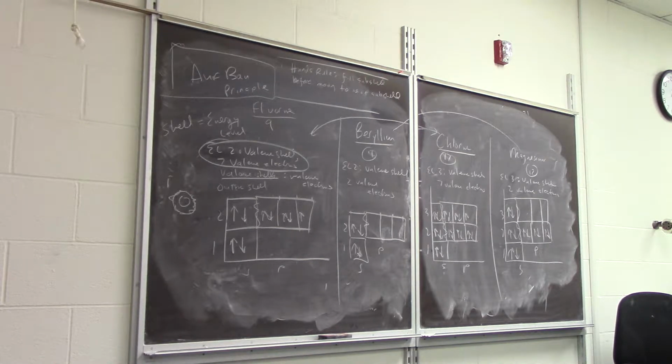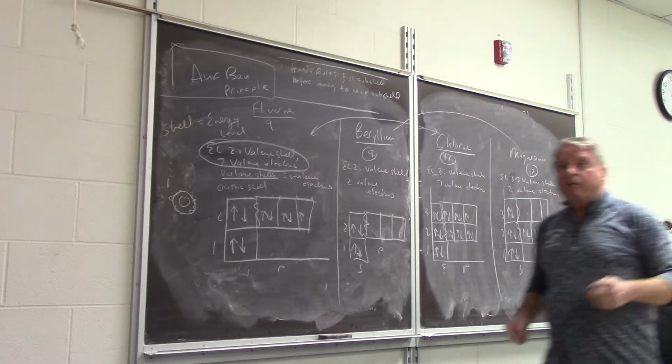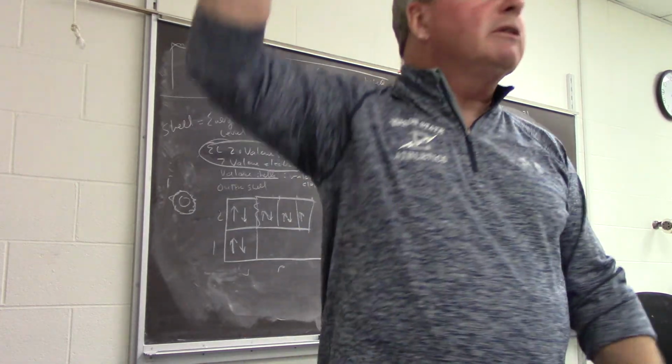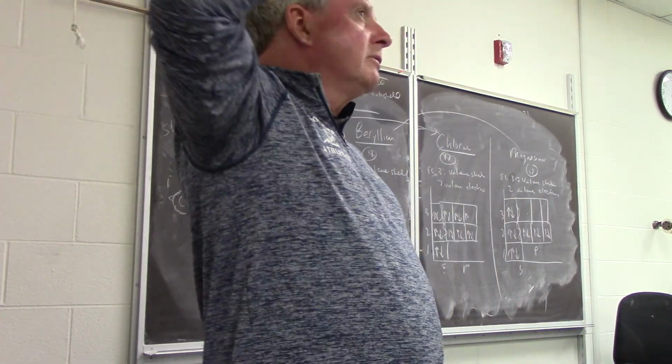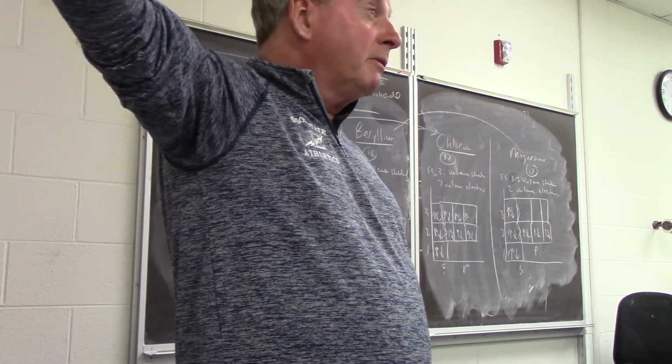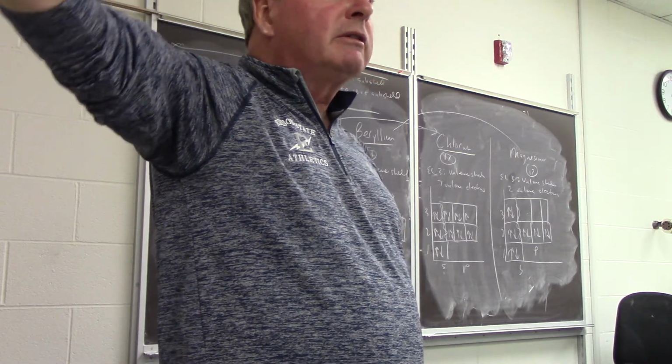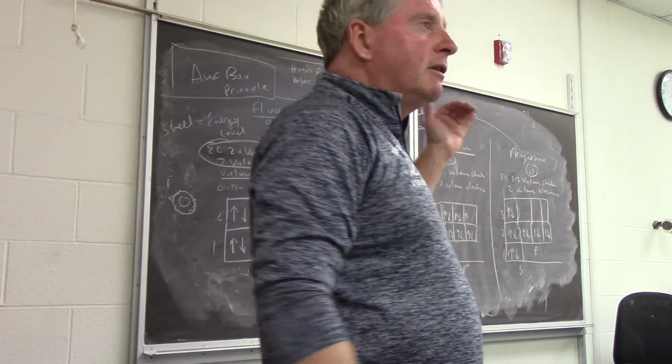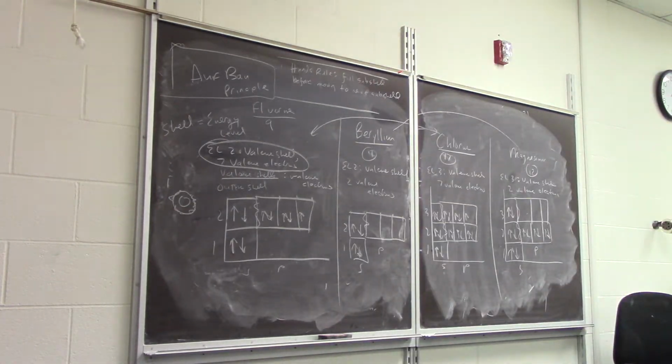Okay? But, so, elements that are in the same column, who was the guy that came up with this? Mendeleev. Okay, when Mendeleev came up with the periodic table in the 1800s, he knew nothing about the electronic structure of the atom. What he did was he put the elements in rows according to their weight.